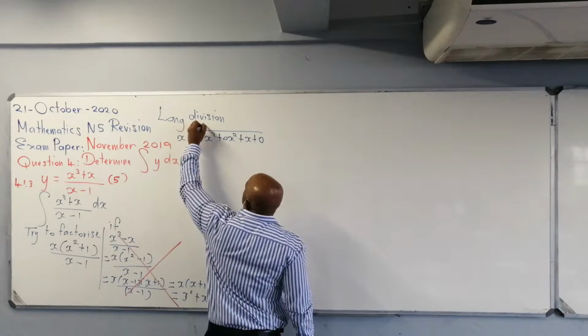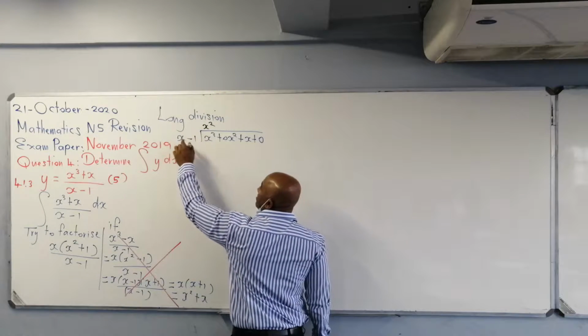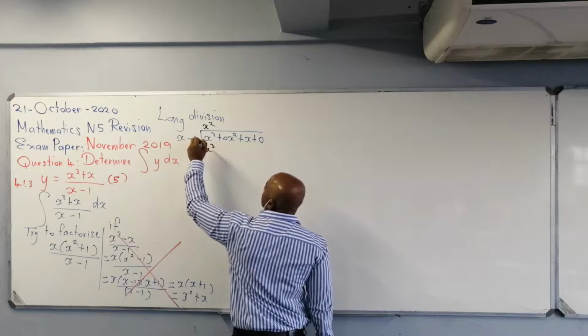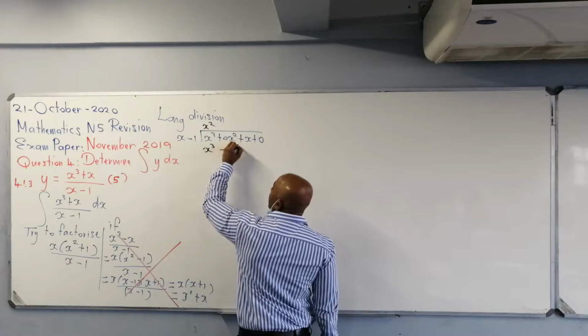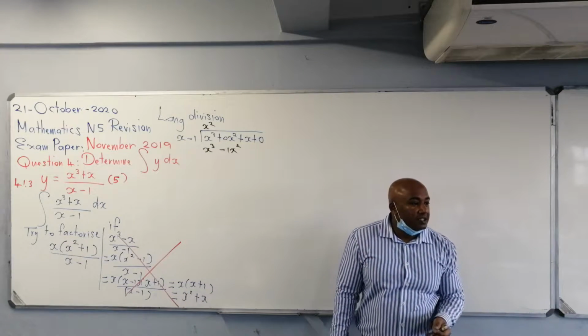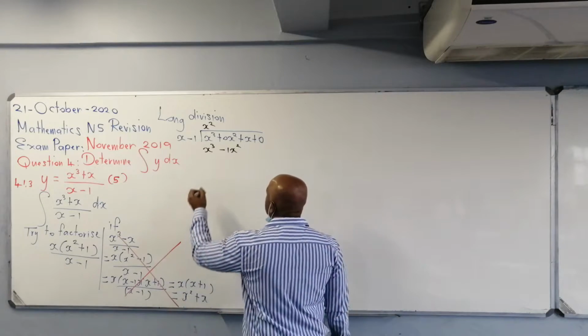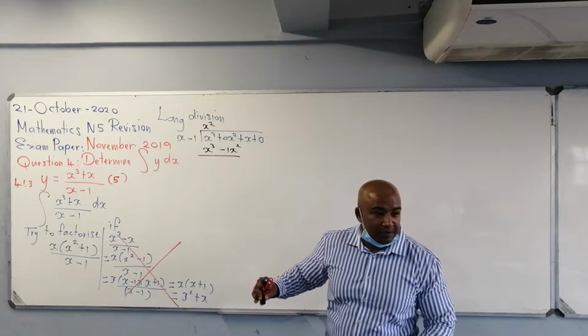which is x squared. Then you will multiply x squared times x, which is x cubed, x squared times minus 1, which is minus 1 x squared. So that is multiplication. The next step is to subtract. So we're going to go top minus bottom.